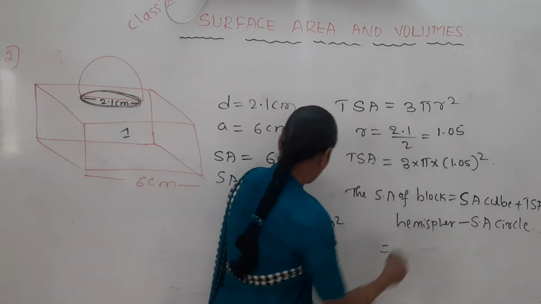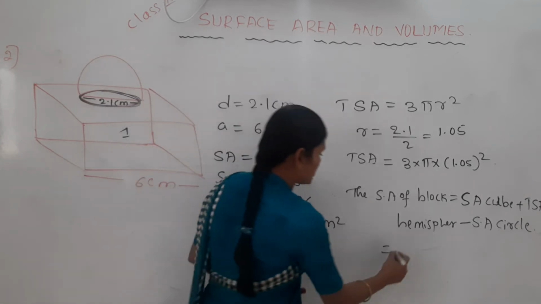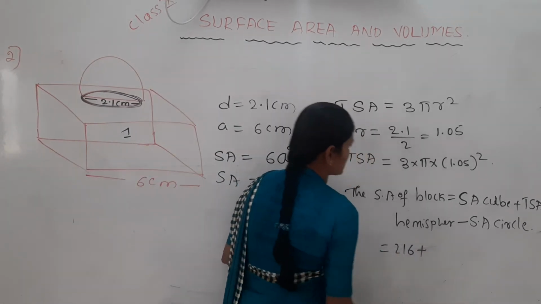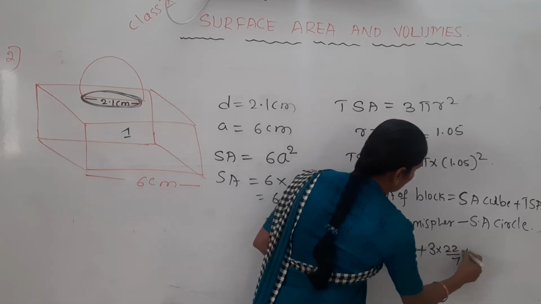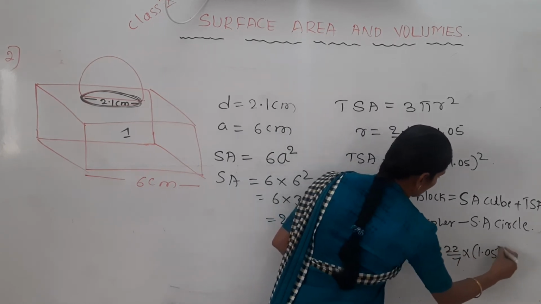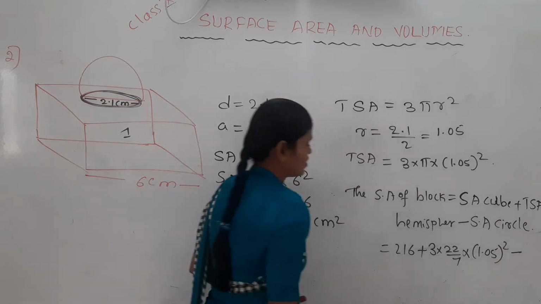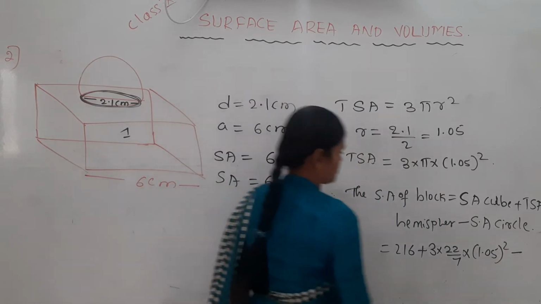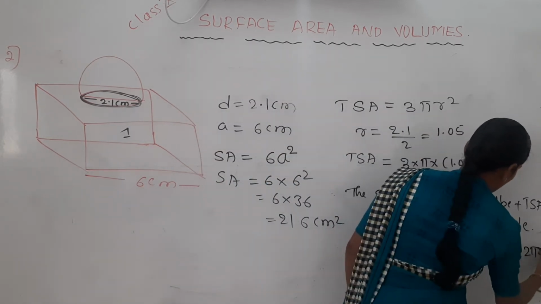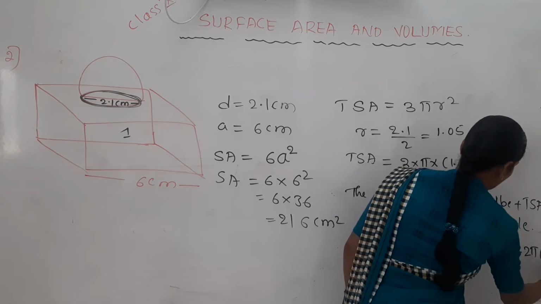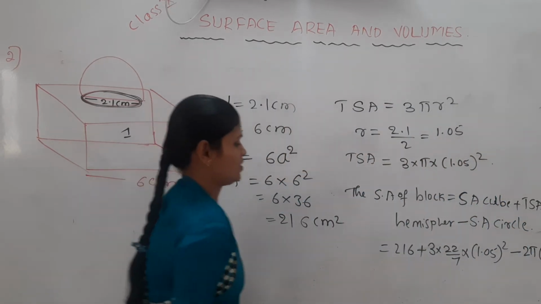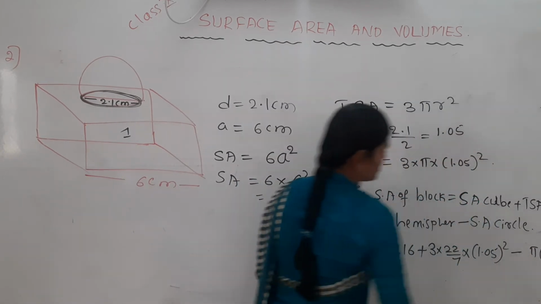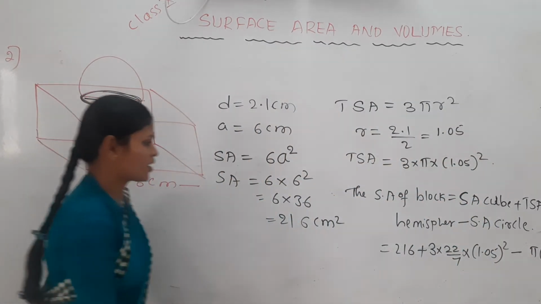The surface area of the cube is 216 plus TSA of the hemisphere, 3 into 22 by 7 into 1.05 whole square, minus pi r square, which is the area of the circle, 22 by 7 into 1.05 square.